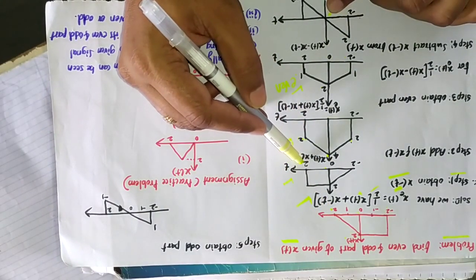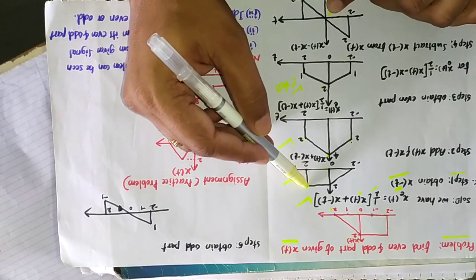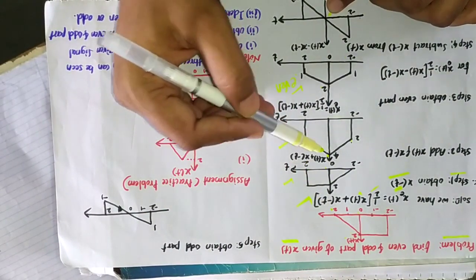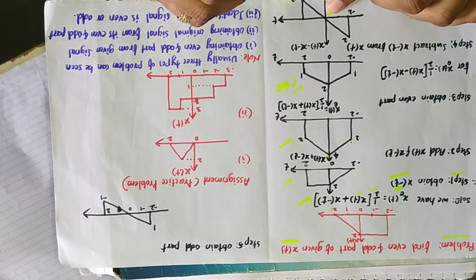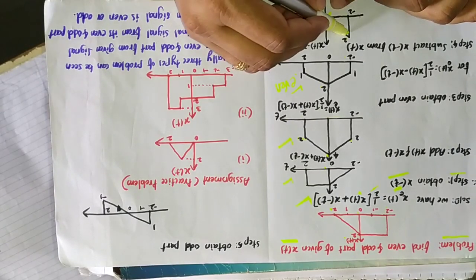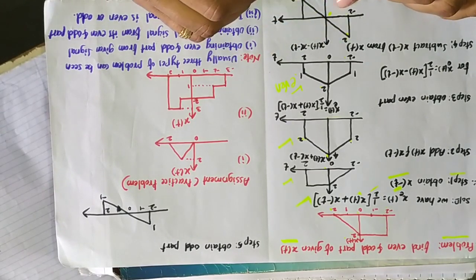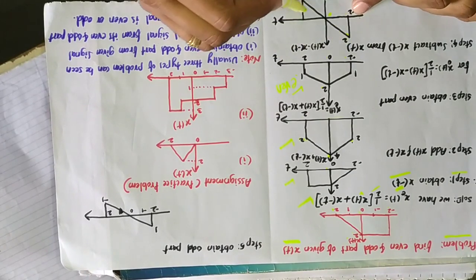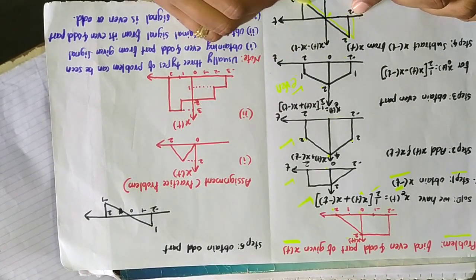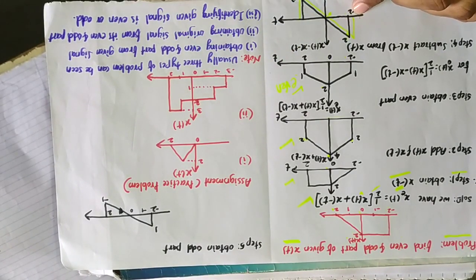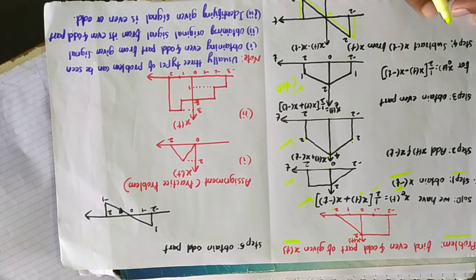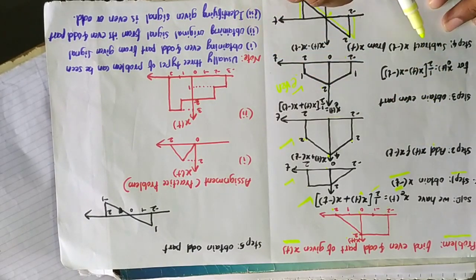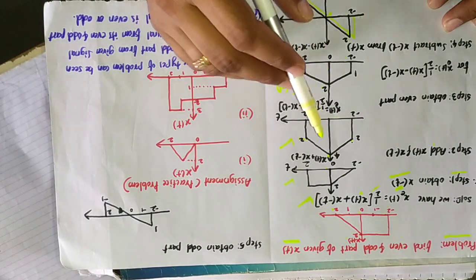But what about x of minus t? It is 2. So 0 minus 2 is minus 2. So that will be this point. Okay. Now if you join these points, you will have this curve, something like this, right?